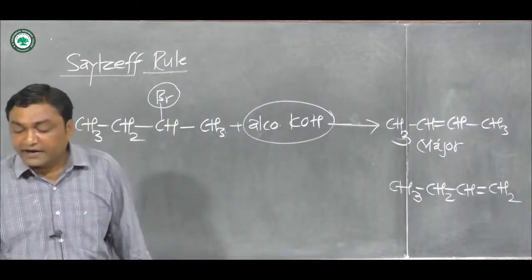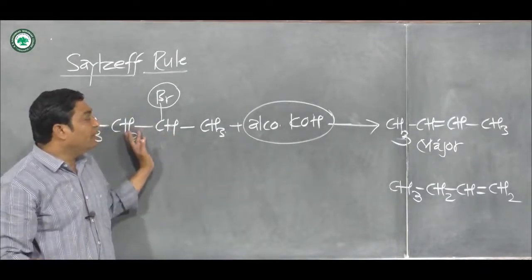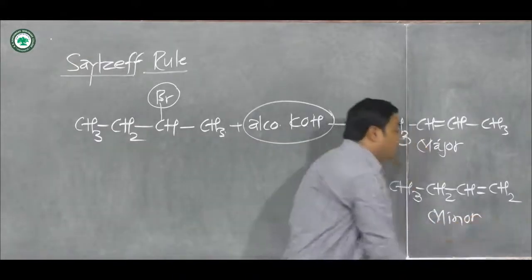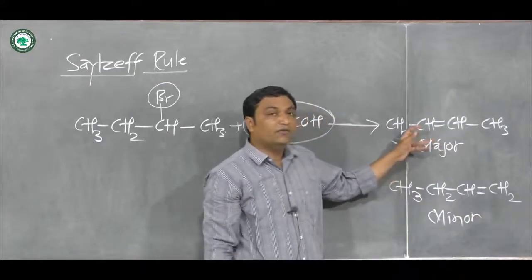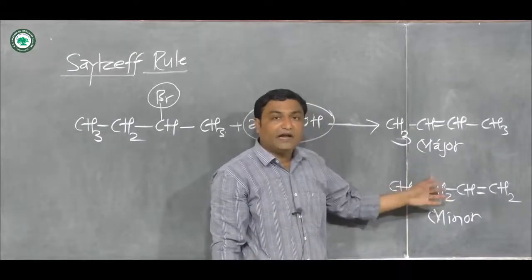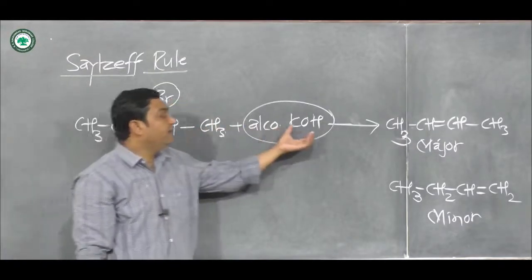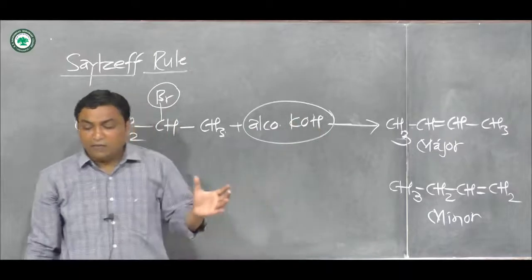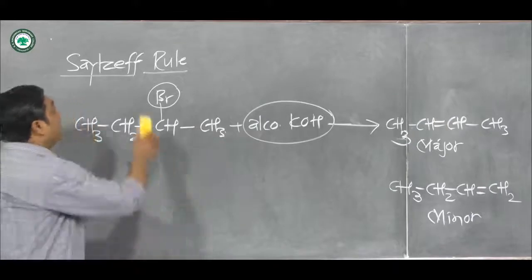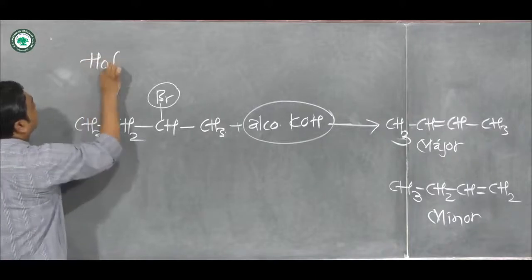Now for the second rule of elimination reaction, that is the Hofmann rule: if instead of this major product, we have to prepare 1-butene as a major compound, then for that purpose we have to use the leaving group and the base in bulky size. For that purpose, the second rule of elimination reaction we have to study is Hofmann elimination.